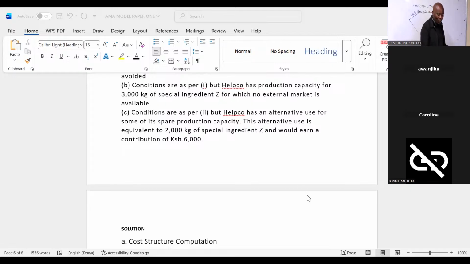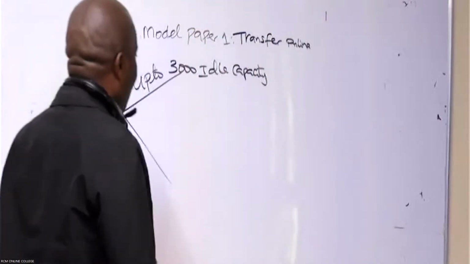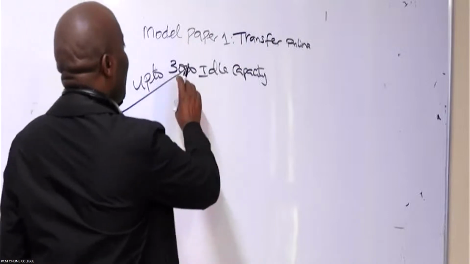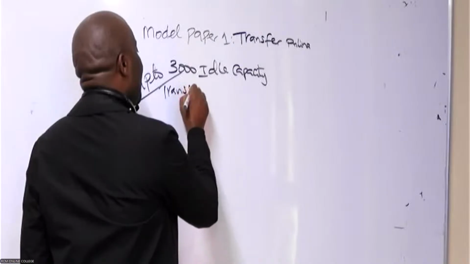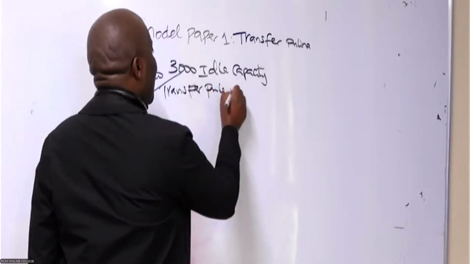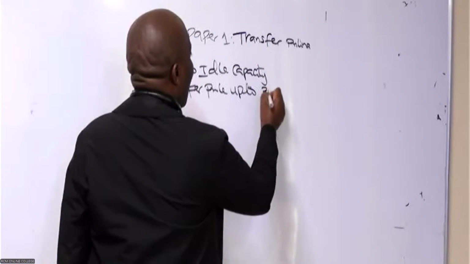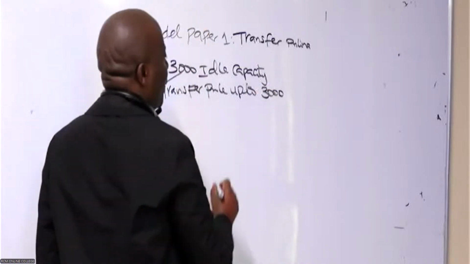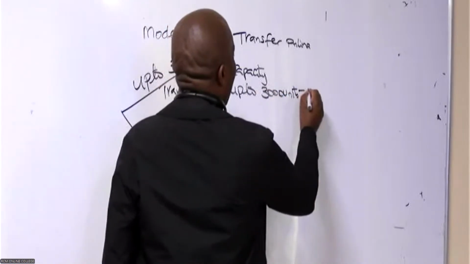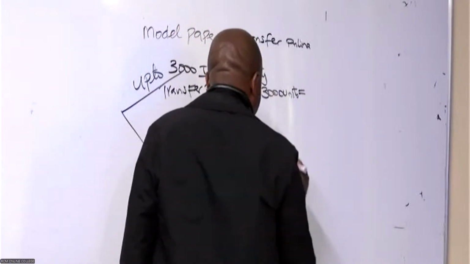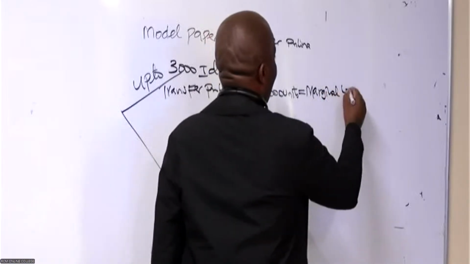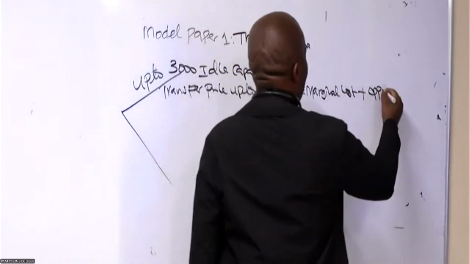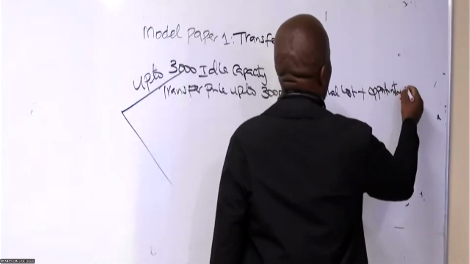And then of course, in excess of that, it means that the transfer price, up to 3,000 units, when we are idle, will be equal to marginal cost. You can even just write marginal cost plus opportunity cost.